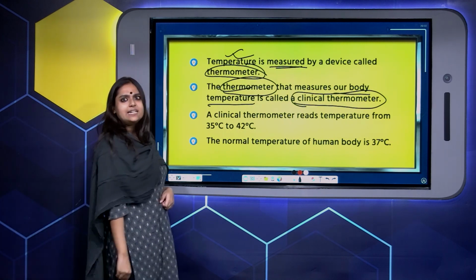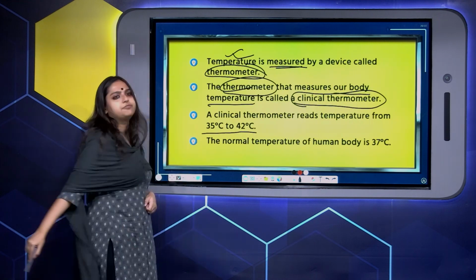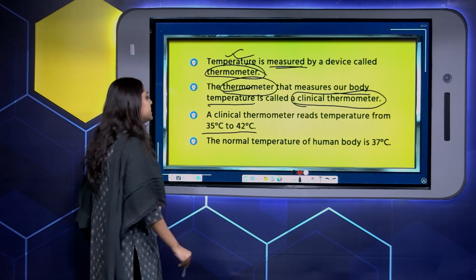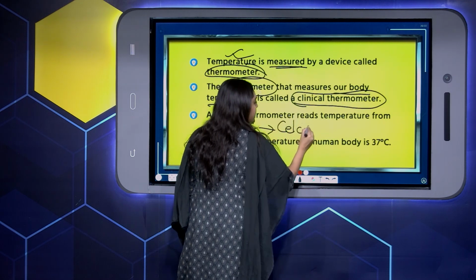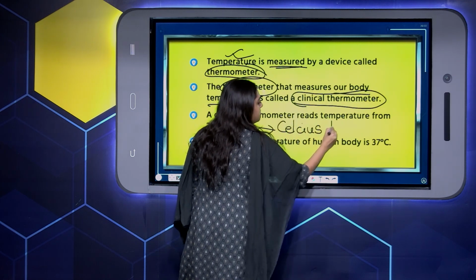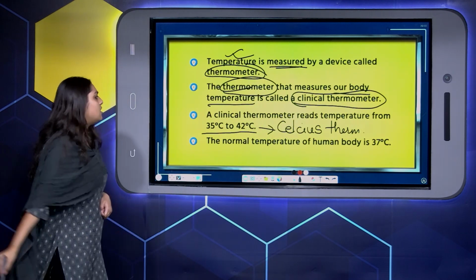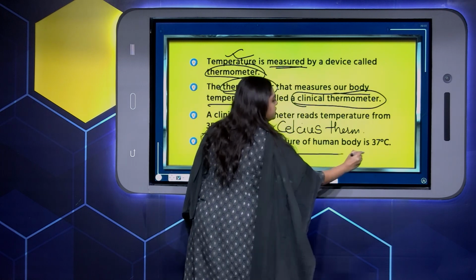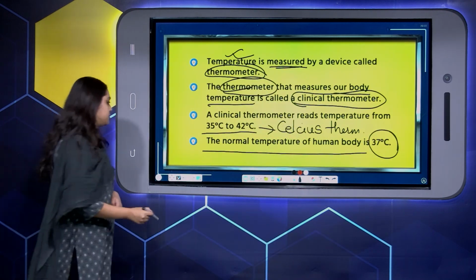And the clinical thermometer ranges from 35 degrees Celsius to 42 degrees Celsius for a Celsius thermometer, right? And the normal body temperature of human body is 37 degrees Celsius in terms of Celsius.